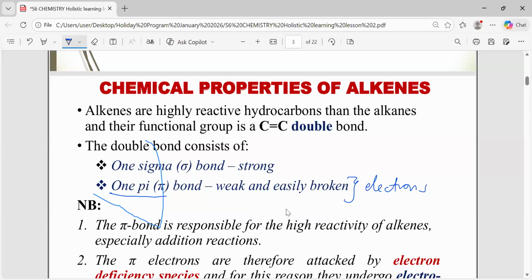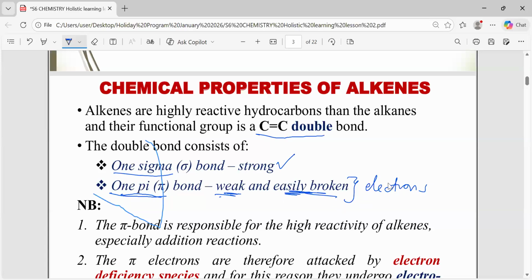I think that was a very good explanation, telling us that it's because of the double bond, and continuing to tell us that this double bond consists of two bonds, where one is a sigma bond and the other one is a pi bond. The sigma bond is very strong, and he has told us that the pi bond is weak, and therefore it can easily be broken.